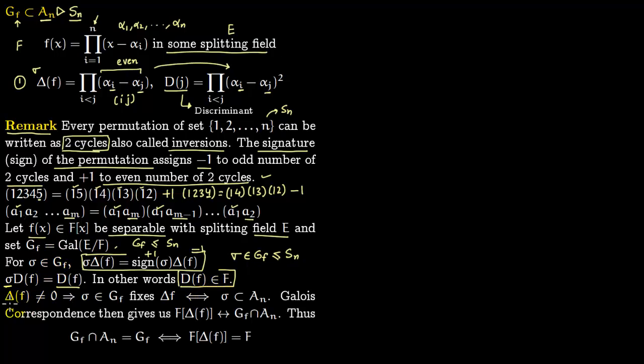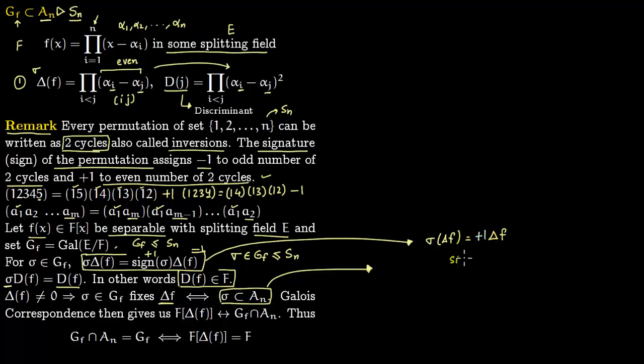Now say this delta f is non-zero. This permutation sigma will fix delta f if and only if sigma lies in An. What does this mean? I'm going to copy this right here. This fixing means that sigma of delta f is equal to delta f. But we have the sign of sigma here. That means we want the sign of sigma always to be plus 1.